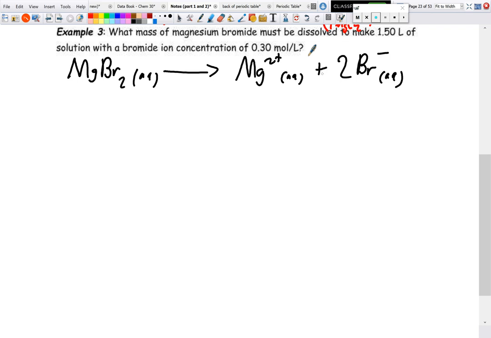Now, because we're given this, we have starting off 0.30 moles per liter of Br minus. Now, if we're asked to find the mass of magnesium bromide, we need to know the concentration of magnesium bromide. We can't use the concentration of the bromide ion.